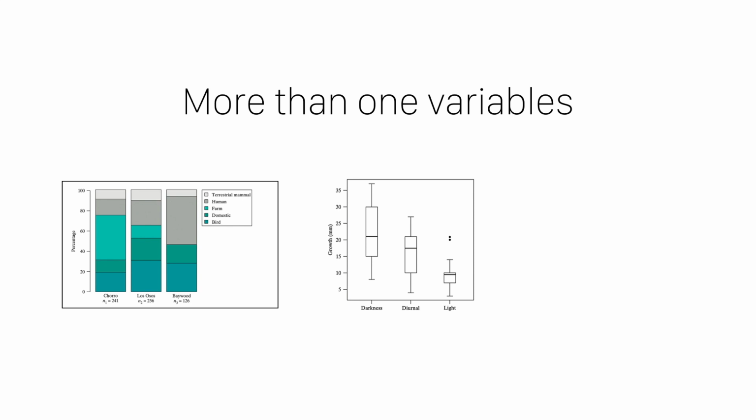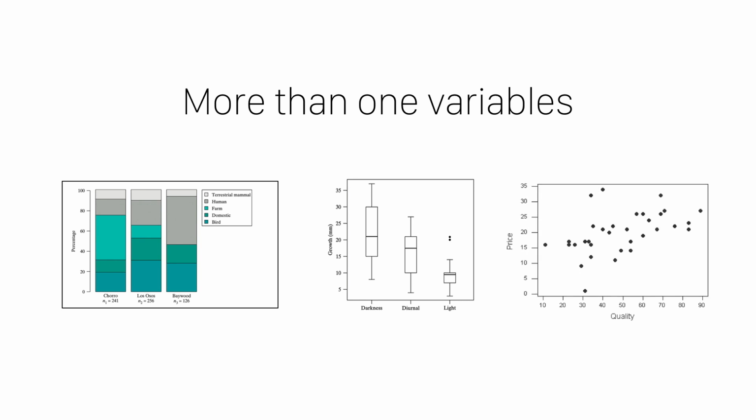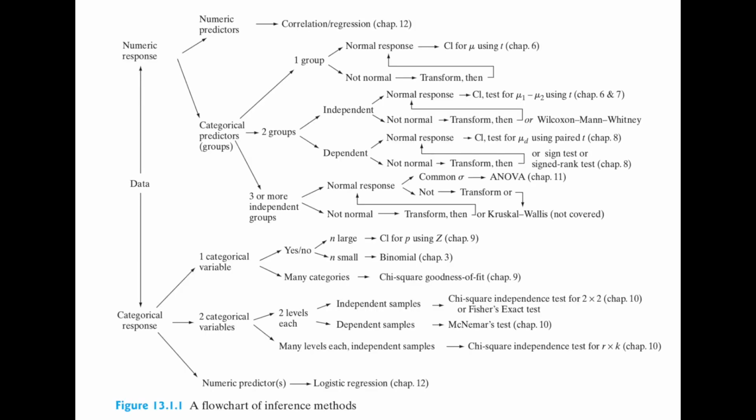Last but not least, if both of your variables are quantitative data, you might want to consider a scatter plot and then perform something called regression analysis. All the data analysis tools that we talk about here are relevant and important. And if you're interested, you can go to, I believe it's figure 3.1.1 in your textbook.